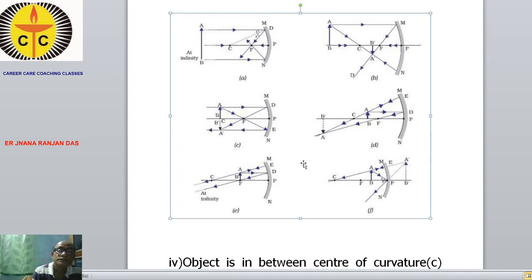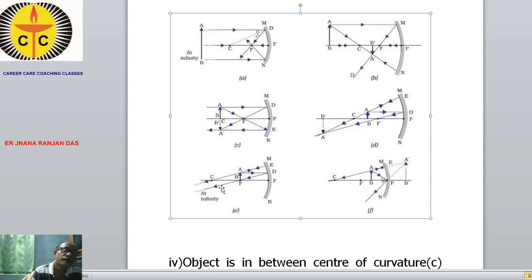In this case, if we keep the object at the focus, what will happen? We consider an incident ray parallel to the principal axis. The reflected ray passes through the focus. Again, consider another incident ray passing through the focus like this. These two reflected rays are parallel to each other.